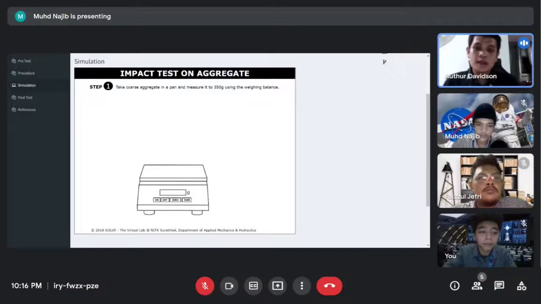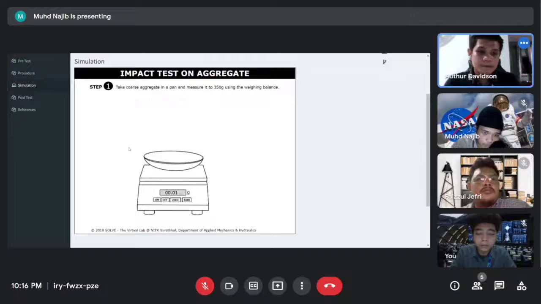Before we start this experiment, we have to dry the aggregate in the oven for 4 hours and cool the aggregate before we carry out the experiment. For the first step, weigh 350 gram of coarse aggregate in a pan by using a weighing balance.